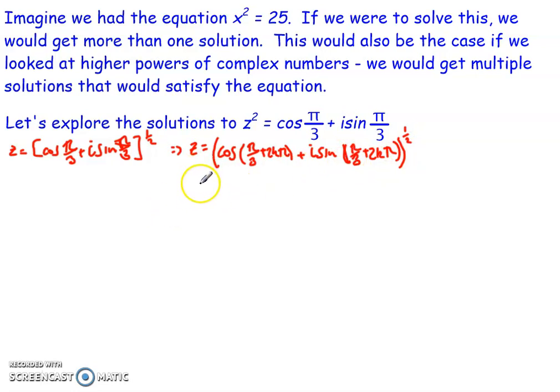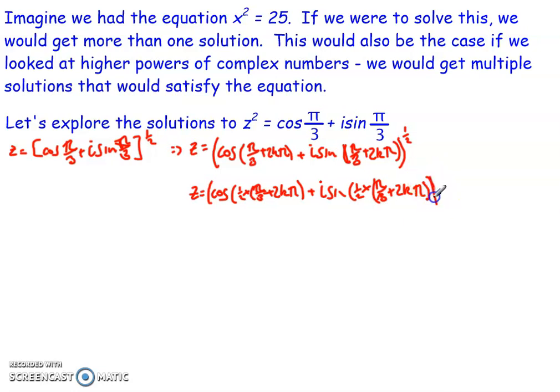So if I bring it in using De Moivre's theorem, this power of a half multiplies each of these brackets. So I'll end up getting cos of a half times the quantity pi over 3 plus 2k pi, then plus i sine of a half times the quantity pi over 3 plus 2k pi.